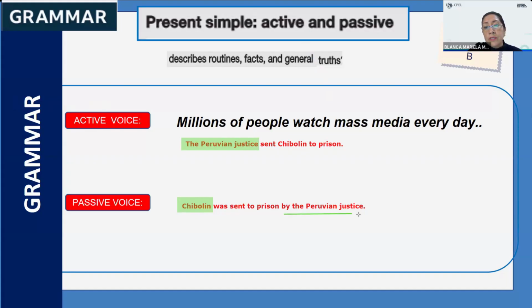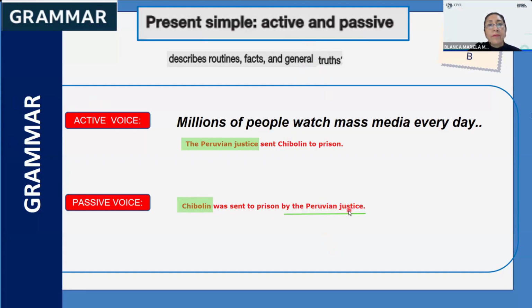So if you consider that the performer of the action is important, you include the information. But if you consider that the performer of the action is not important, or is confusing, you don't include the performer.